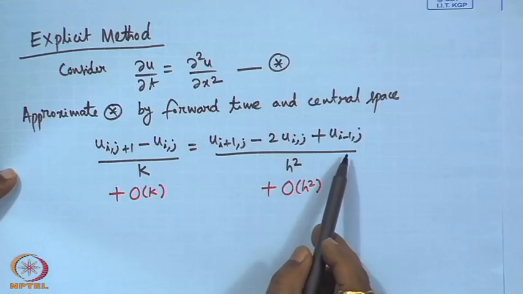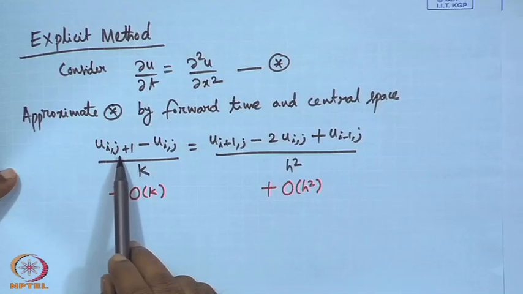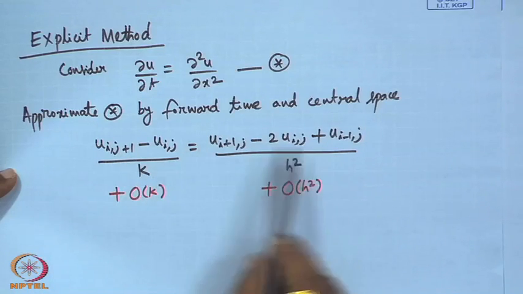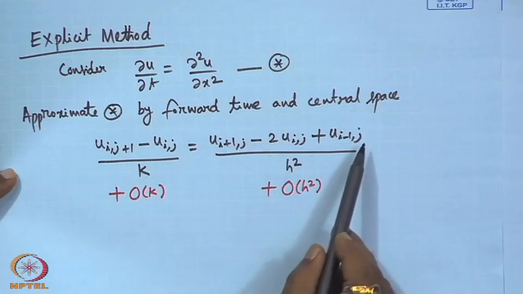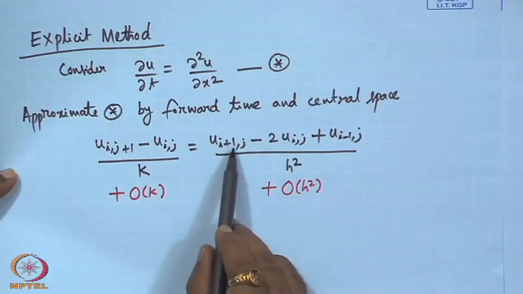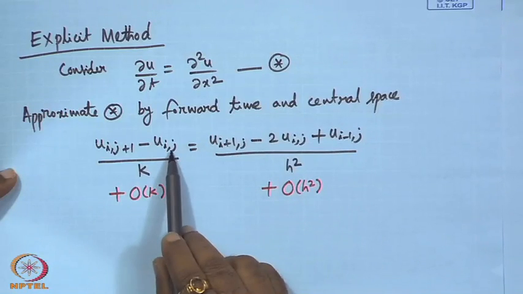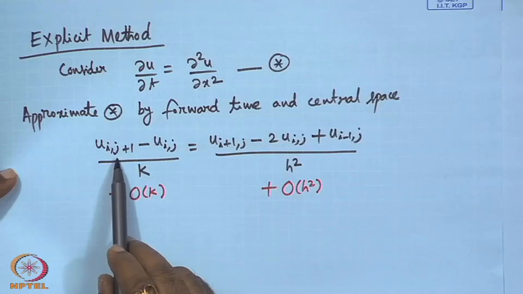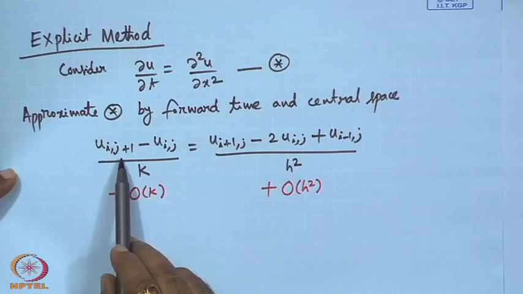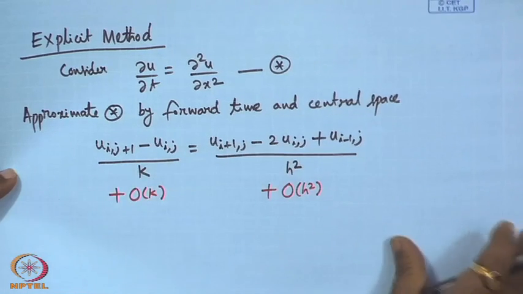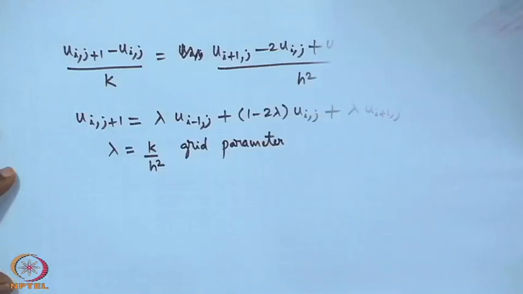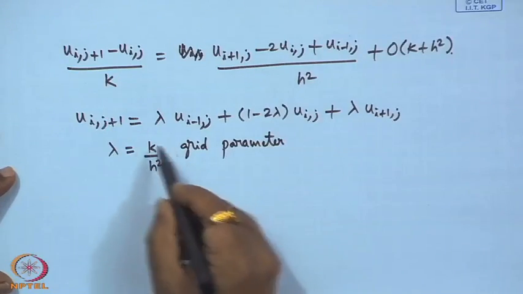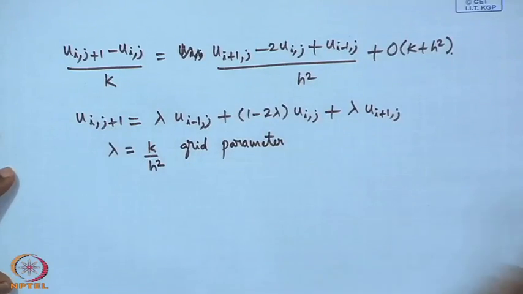If you see this particular case, this entire discretized formula contains 2 time levels only. What are they? j plus 1 and j, which means essentially if you know the values at the jth time level, you can compute at the j plus 1 time level. So, hence we call this a 2 level method and explicit, because of this nature.